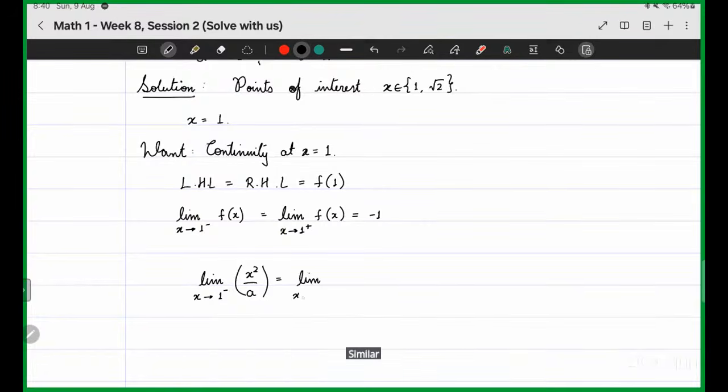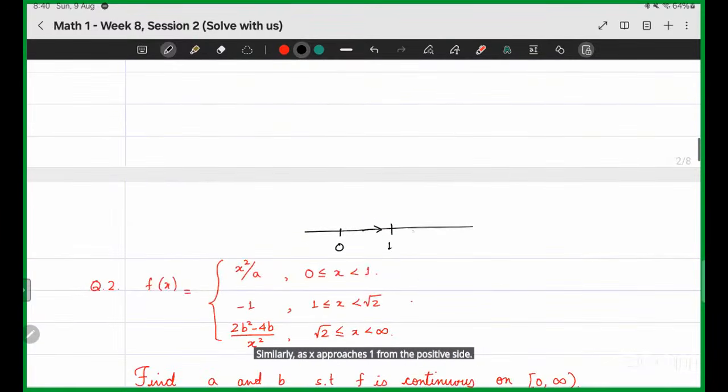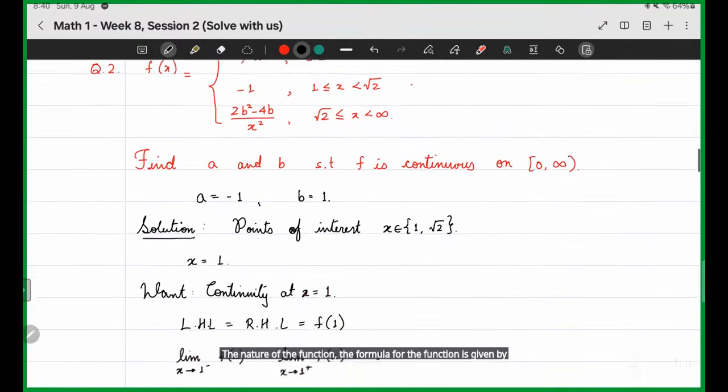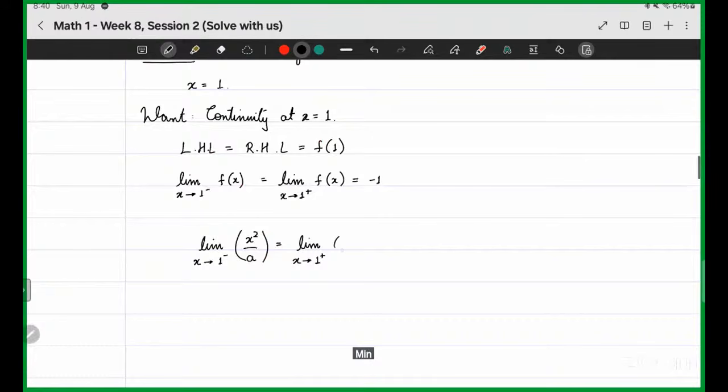Similarly, as x approaches 1 from the positive side, now when I'm in the part of the domain which is greater than 1, the formula for the function is given by constant -1. Right? And both of these limits should be equal to -1.